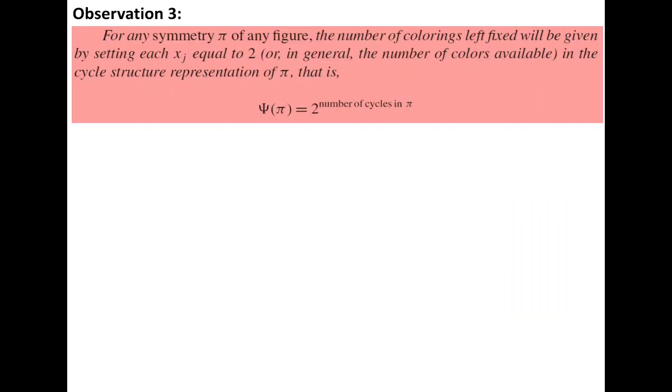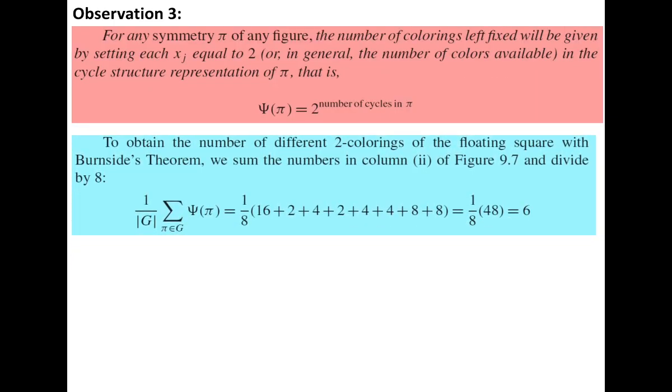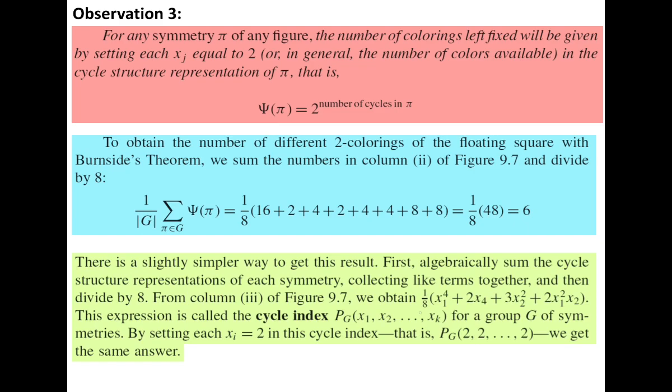Now if I add all of them and divide by the number of symmetries, then this is known as the cycle index. In the cycle index, I replace each xi by the number of colors. For example, if I am looking for 3 colorings, then I replace each xi by 3. In the case of 2 colorings, I replace each xi by 2. And why is this happening?